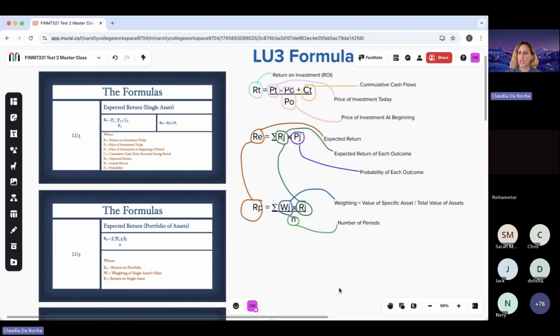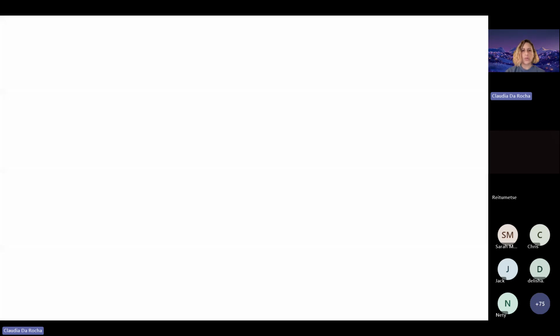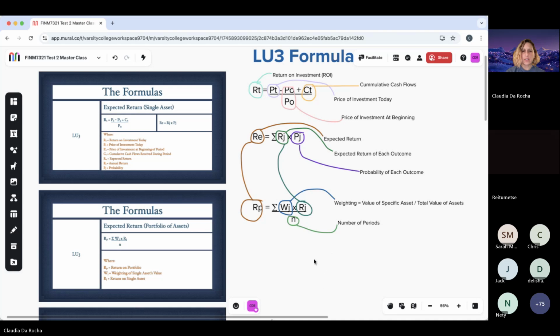Just type another message. There's another question about getting confused with regards to the portfolio of asset formula. Sometimes the formula changes: some questions require you to calculate portfolio return with only the returns over the years, whereas other questions require you to use probability times the returns. So to understand what to do when you're dealing with a portfolio, do I use this formula?